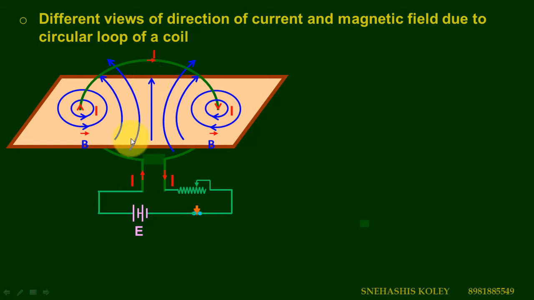And number 5, the magnetic field lines become denser if the strength of the current in the loop is increased, and if we increase the number of turns in the loop, then also the field lines become denser.